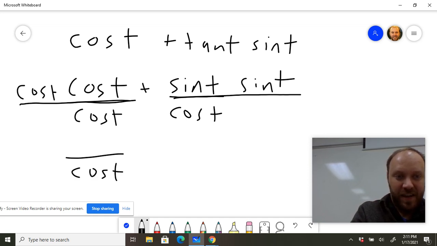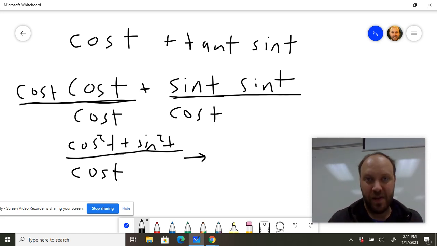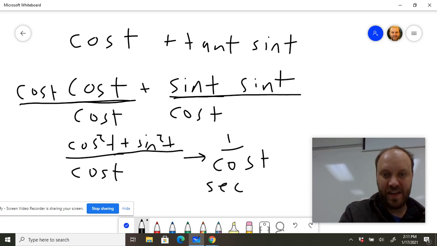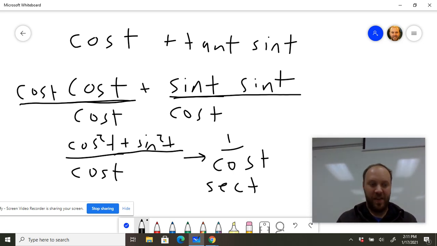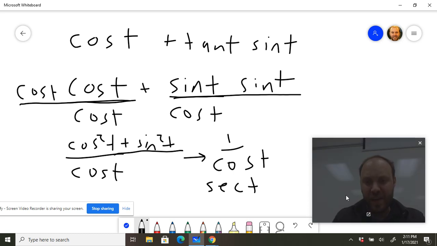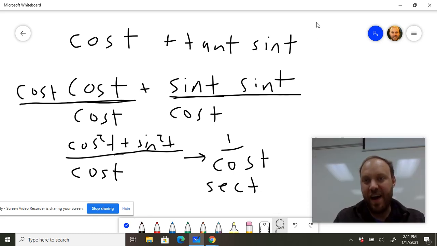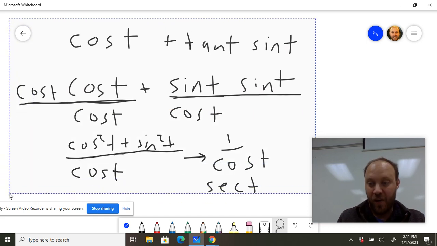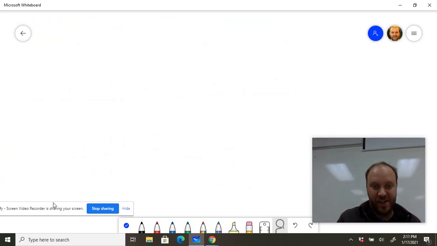What you end up with is a cosine squared of t plus a sine squared of t all over cosine of t. Well, sine squared of t plus cosine squared of t is just 1, okay? 1 over cosine of t is just going to end up being the secant of t when you simplify the whole thing. So, again, if you have one thing that's a fraction and one thing that's not, trying to get a common denominator and add your fractions very often is a pretty good strategy, all right?